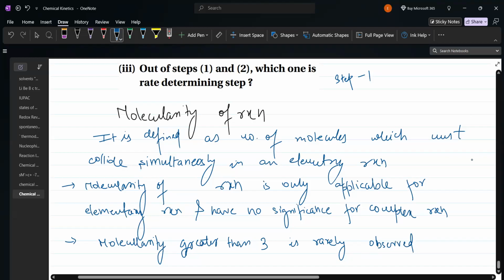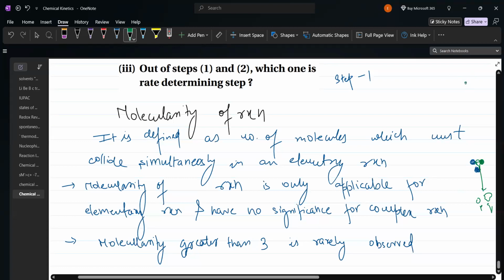Just try to imagine that two molecules of A are coming and colliding with one molecule of B simultaneously. This happens, and other molecules form C and D. That is it.